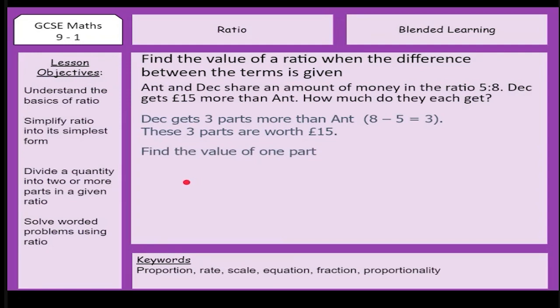I need to find the value again of 1 part. Well, if 3 parts is worth 15, I do 15 divided by 3, which will give me £5. So each part is worth £5.